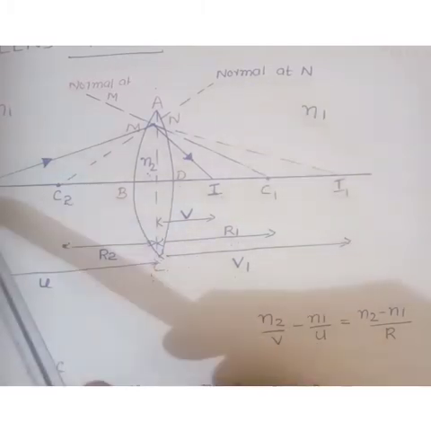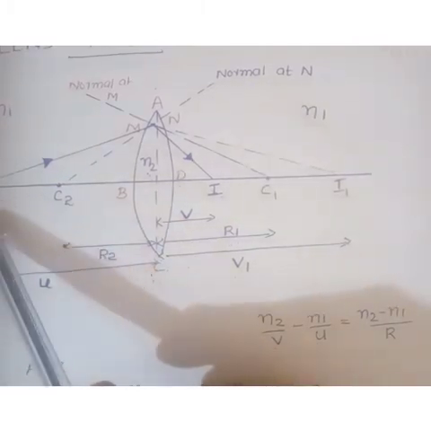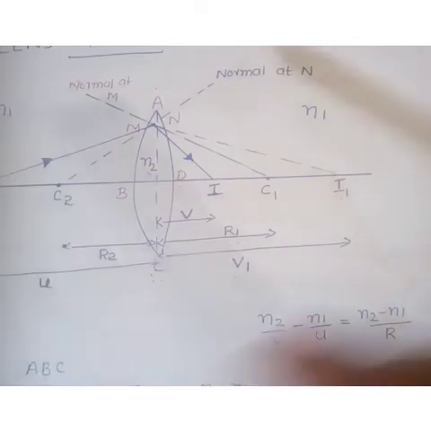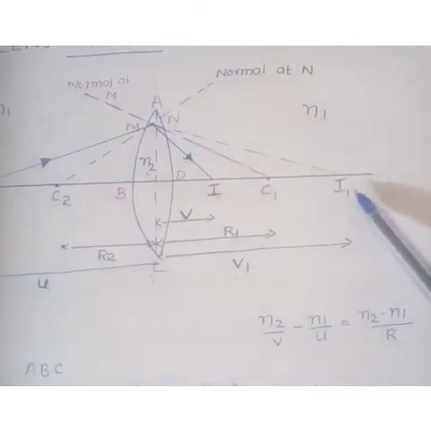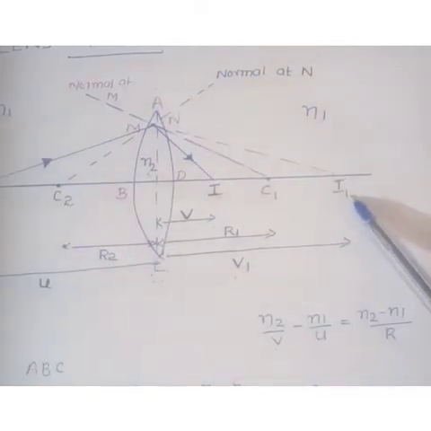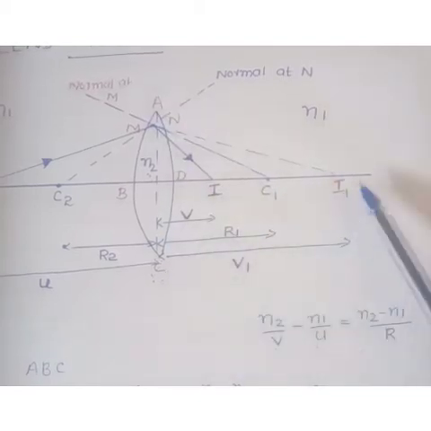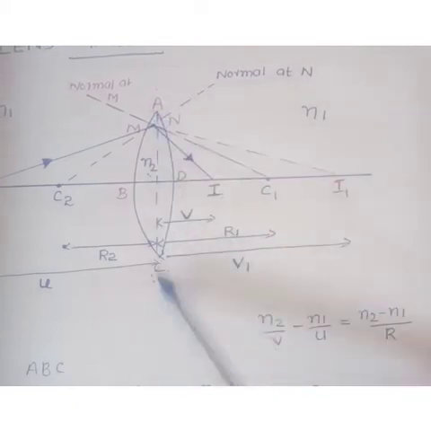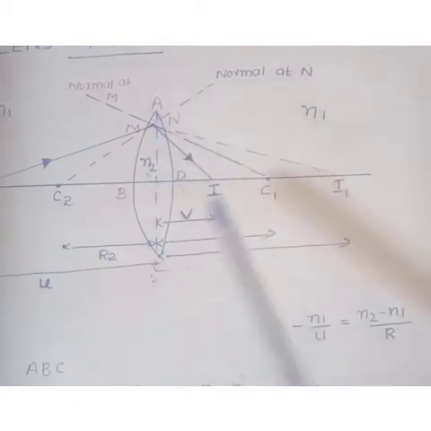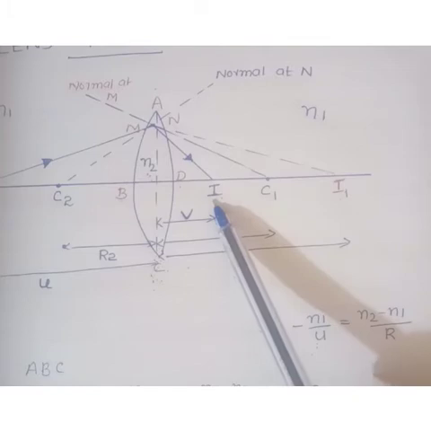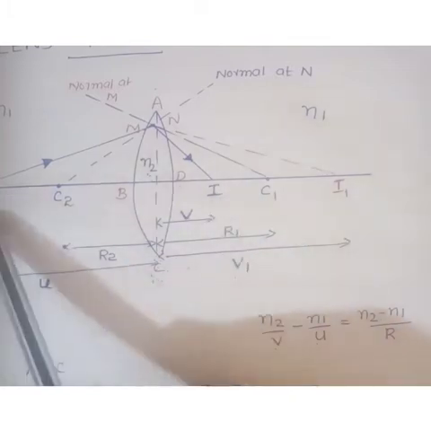First we place an object O. Then on the surface ABC, an image is formed at I1. So I1 is a virtual object of the second surface ADC, and we get the final image at I. This is the real image of the object O.